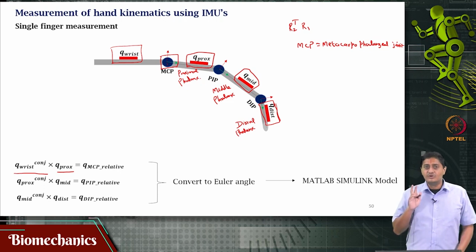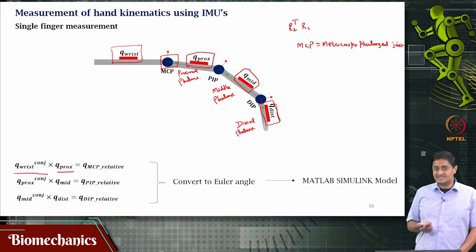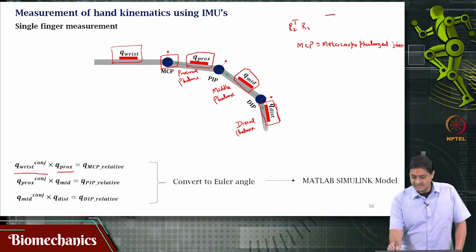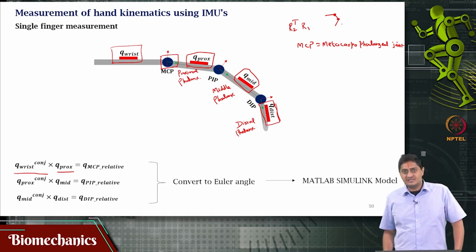These joints are called interphalangeal joints, and there are two of them. Why? Because I have three segments, and between them there are two joints.